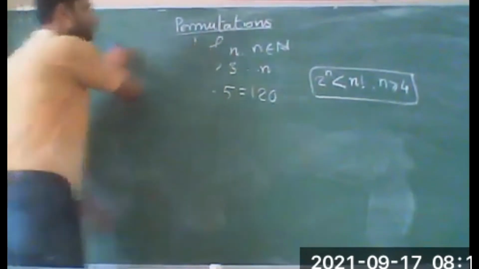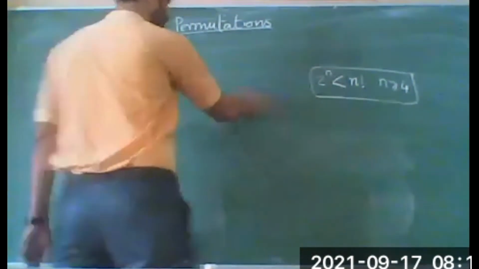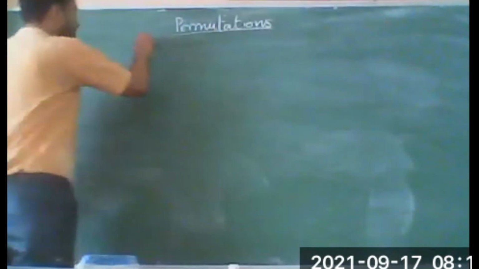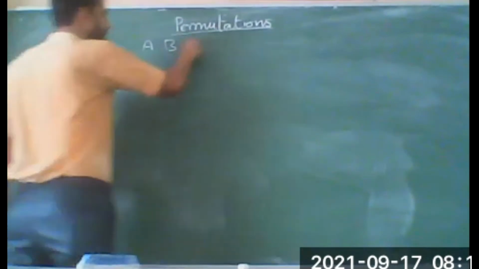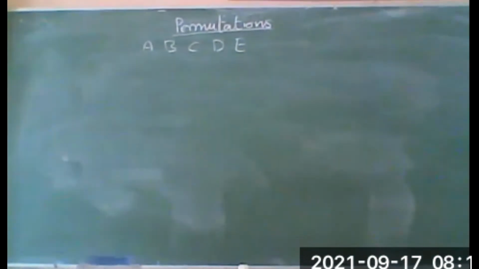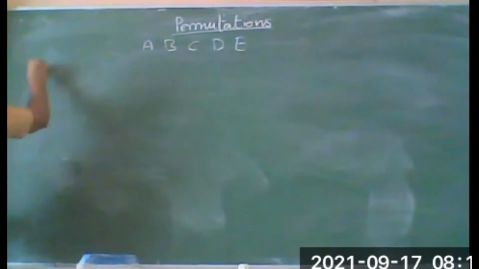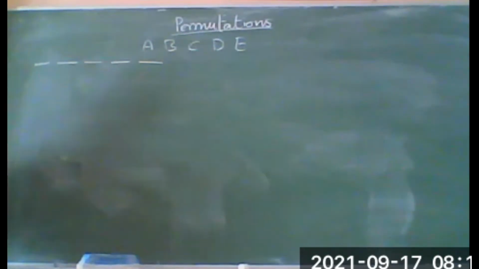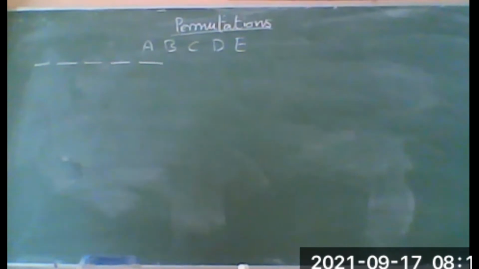So next, let us come to this calculation of number of permutations. We are having 5 objects, say A, B, C, D, and E. When we are trying to permute it, means we are trying to rearrange it, we are considering the problem like this. 5 empty blocks we are having, and we have to put these objects in these 5 blocks.